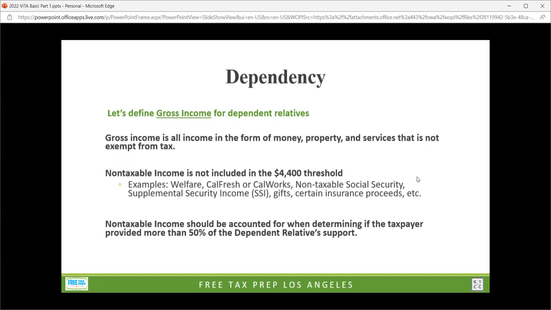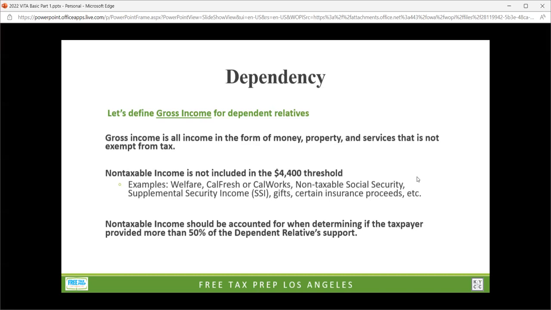It is welfare, CalFresh, CalWorks, non-taxable Social Security or supplemental security income, gifts, or certain insurance proceeds. But non-taxable income should be accounted for when we are determining if the taxpayer is providing more than 50% of the dependent relative's support.